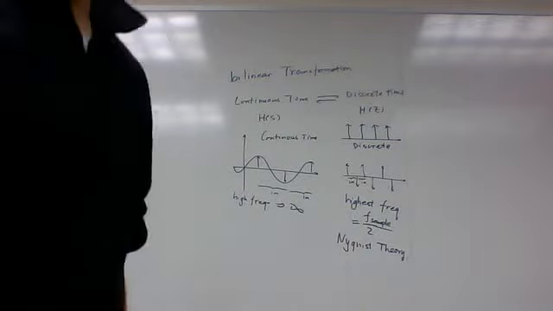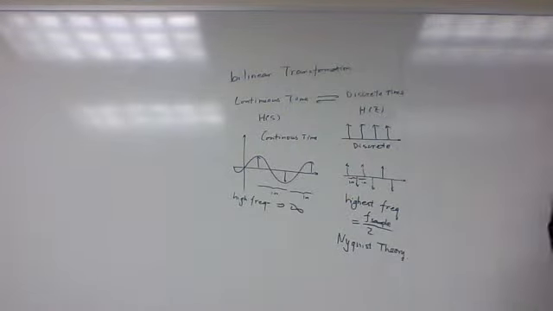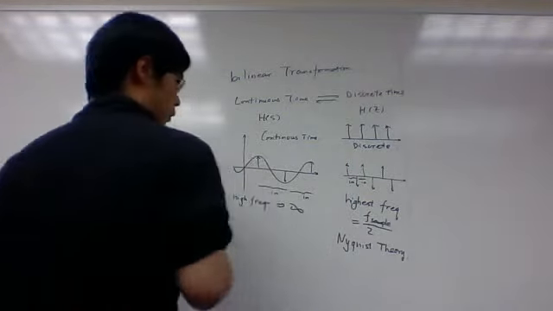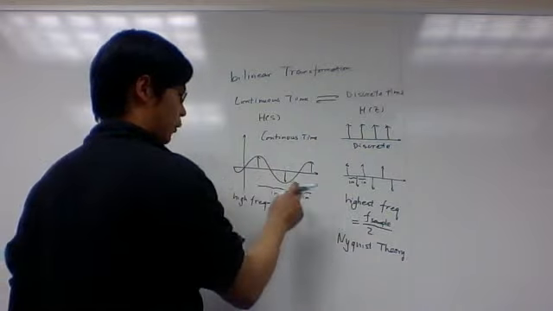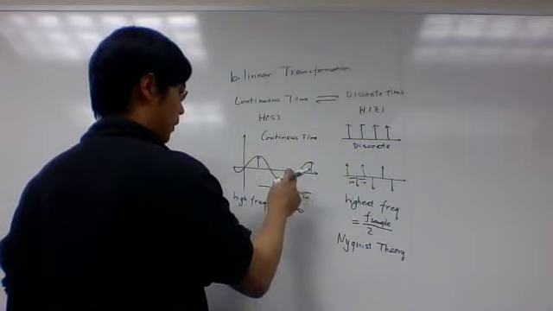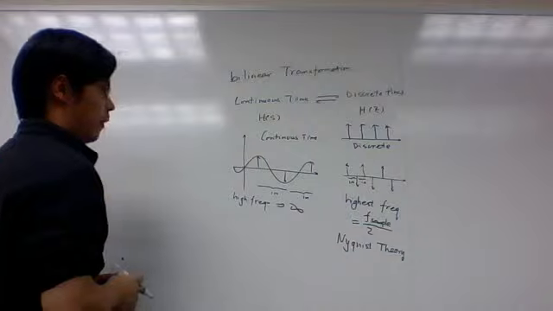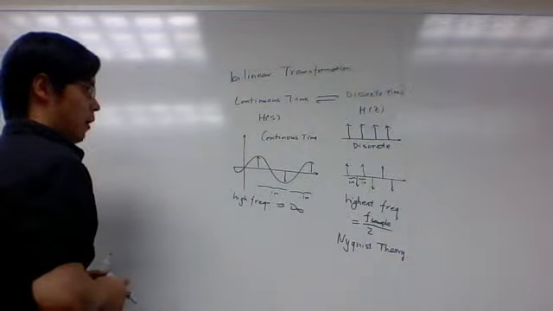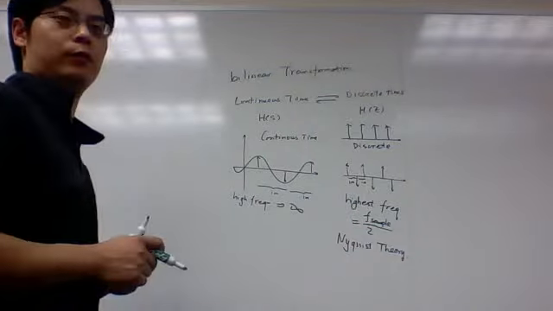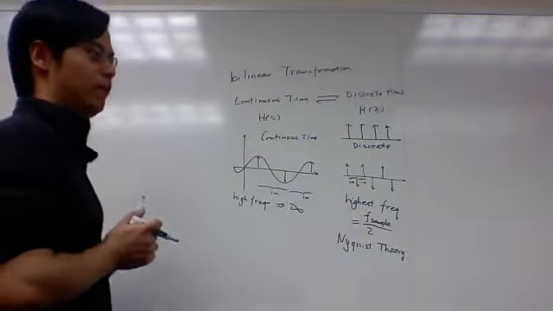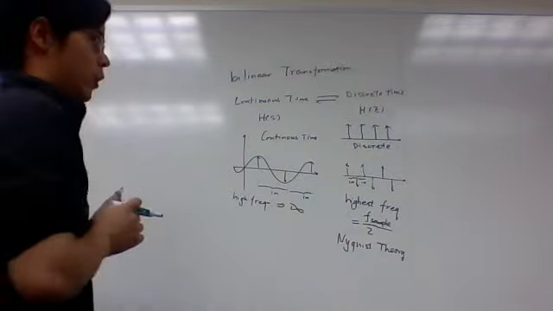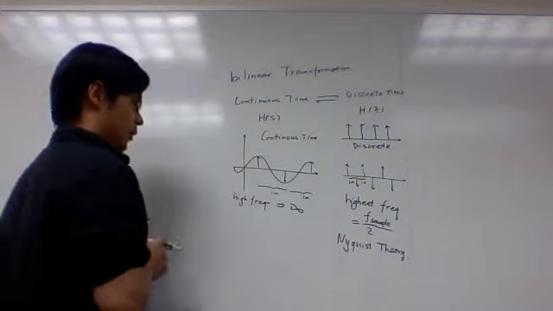So what if you have a higher frequency? If it's 1 nanosecond, then that's 1 gig, right? Nano is 10 to the minus 9, and 1 over 1e minus 9 is a gig, right?